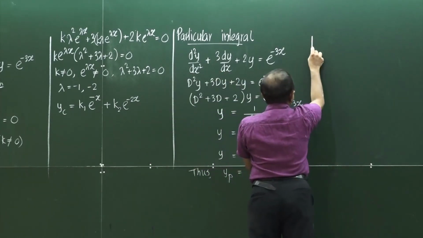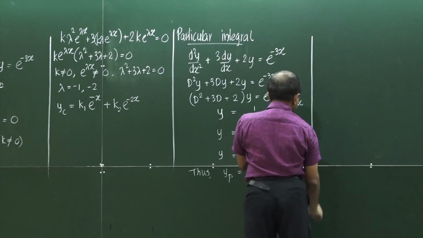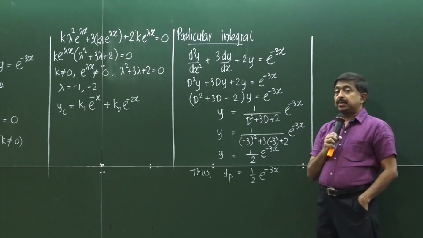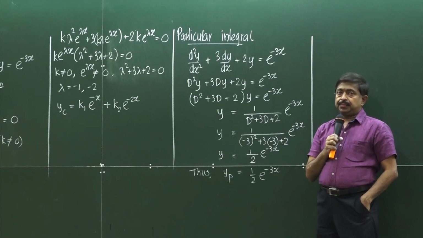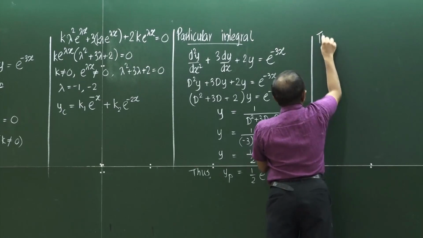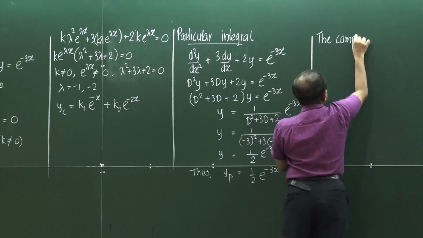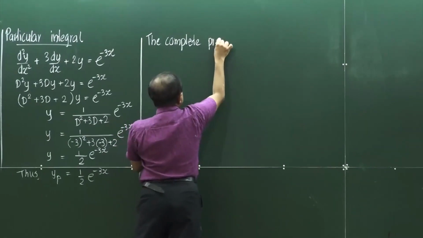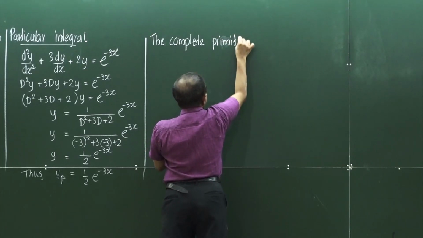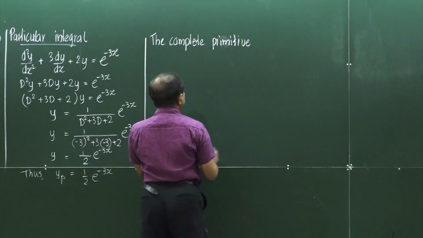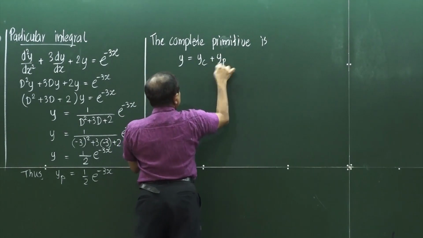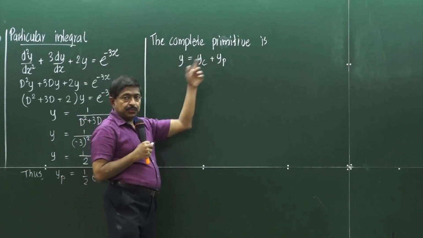Now you can write the general solution. In mathematics, sometimes you call the general solution the complete primitive. Let me write the full answer. The general solution, or the complete primitive, is y equals yc plus yp. You know the physical significance of these, right? We saw it earlier.